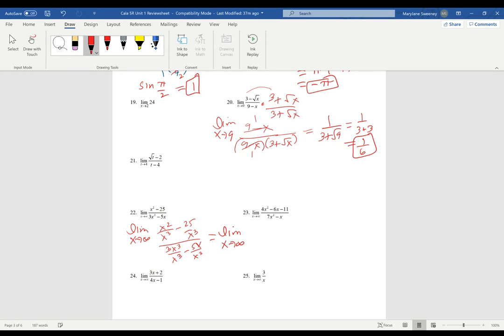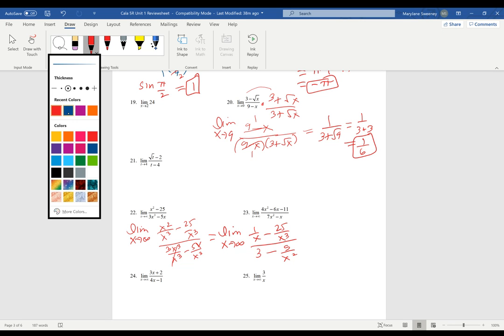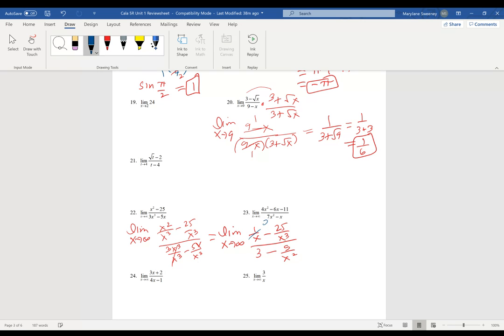So the limit as x approaches infinity of 1 over x minus 25 over x cubed, 3 minus 5 over x squared. All right, so basically, when I do the limit as x approaches infinity, that goes to 0, that goes to 0, that goes to 0. So we have 0 over 3, which is 0.